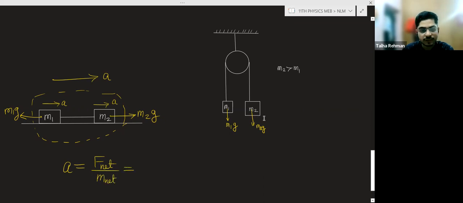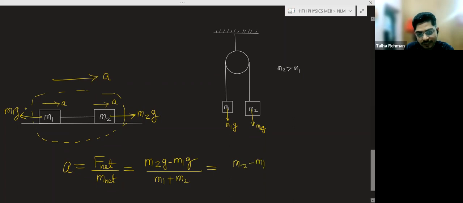What is the net force? m2g minus m1g, divided by m1 plus m2. So your acceleration will be (m2 minus m1) into g divided by (m1 plus m2).